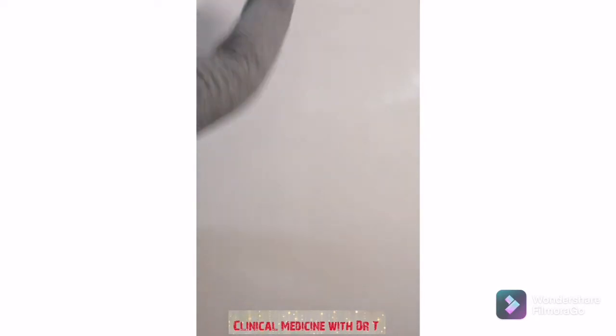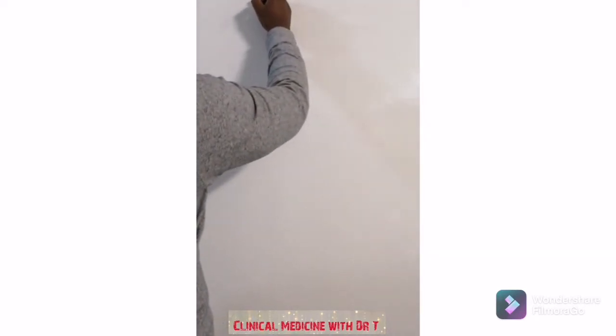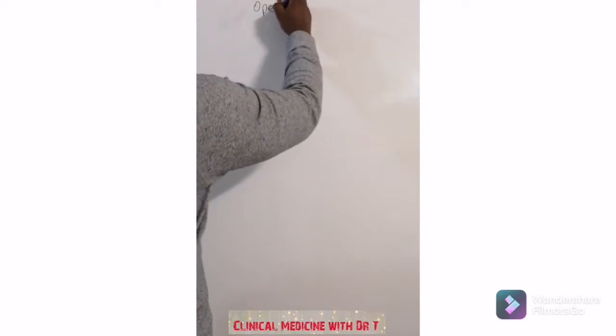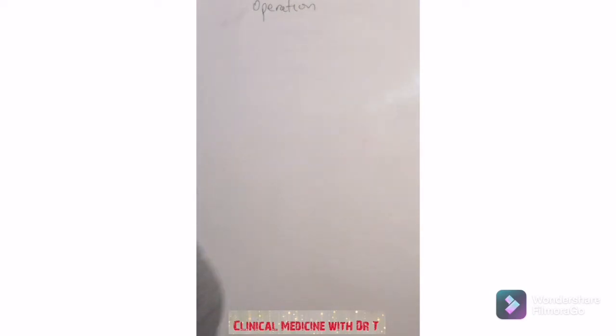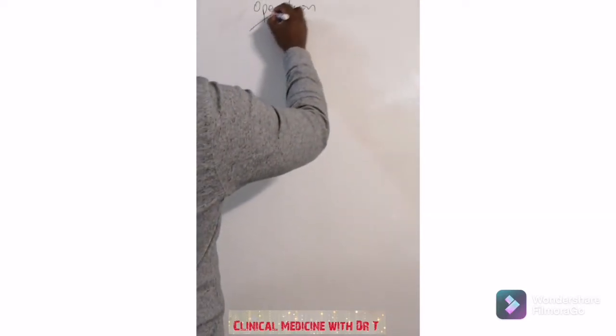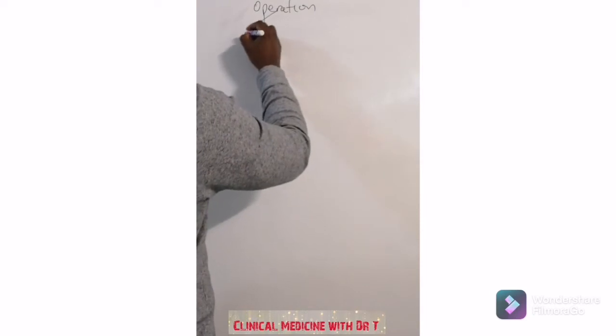So first of all, you have a patient that needs an operation, right? And then you do your pre-op assessment, and then you decide, okay, this patient needs a GA, not a spinal, but a GA.